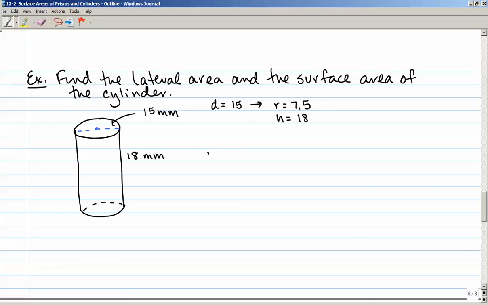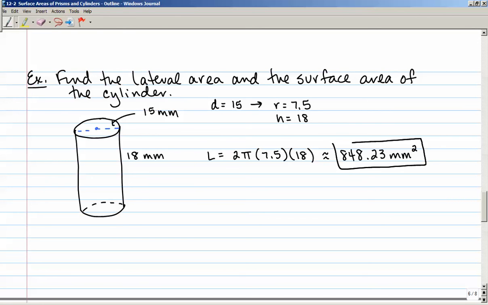So the lateral area is 2 pi times r times h, and that's going to give me approximately 848.23 millimeters squared. So that's the area of the rectangular label on the soup can.